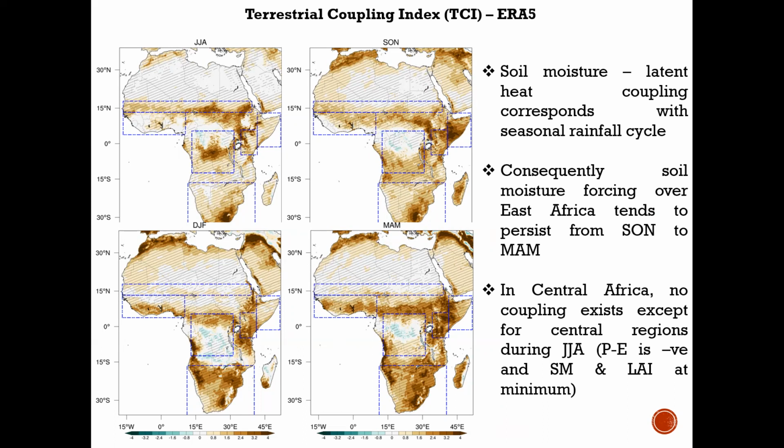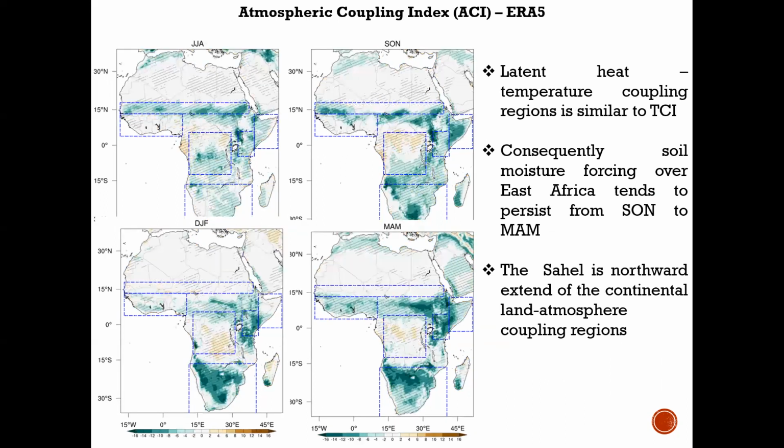The Central Africa pattern is consistent with the annual cycle, because during this time it's only when we have negative P-E and soil moisture is minimum. For the other seasons, we see there are strong land atmosphere interactions based on the terrestrial component over parts of East Africa and Southern Africa, and also south of the Sahel.